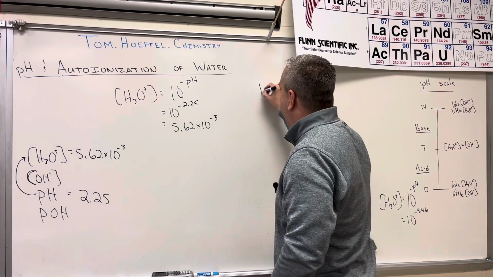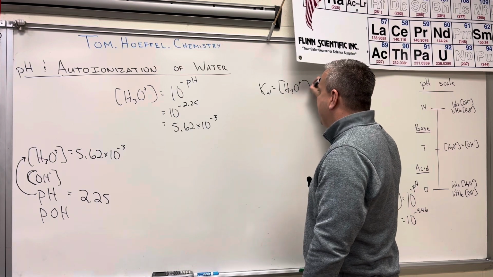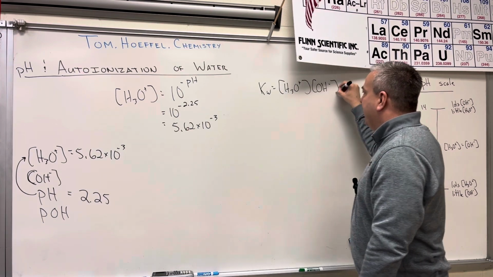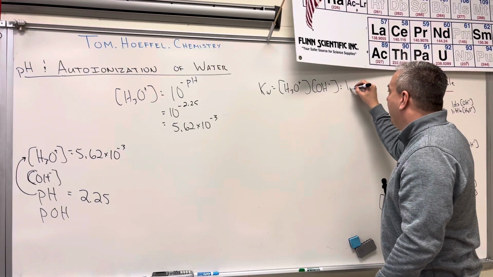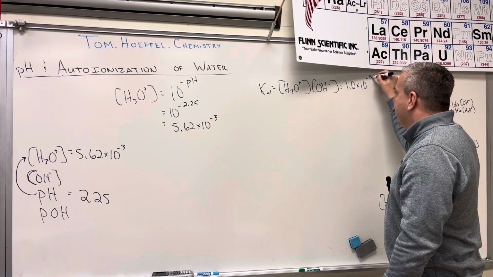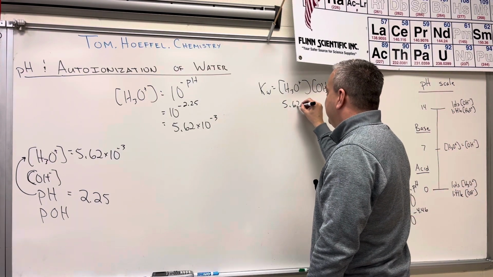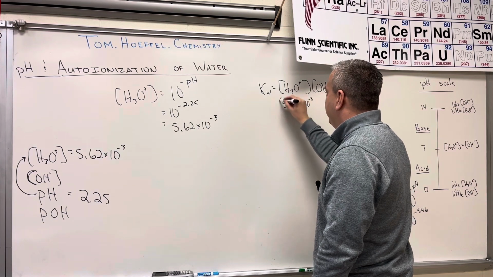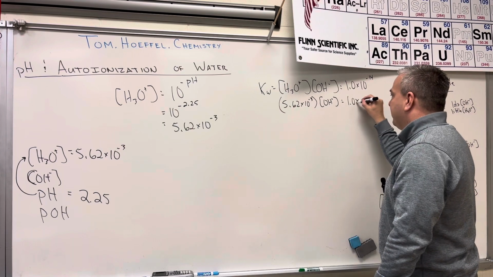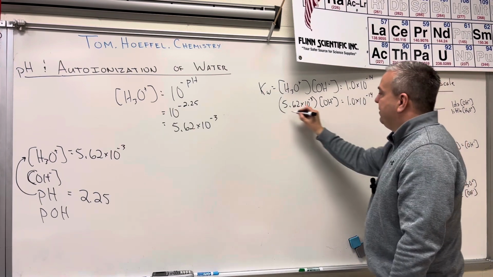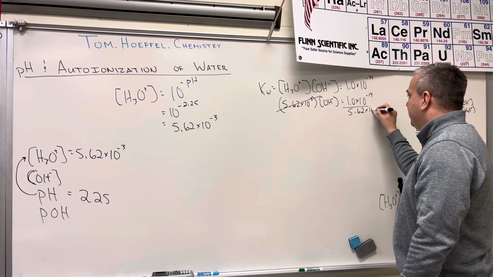Remember, Kw is equal to the concentration of the hydronium ions times the hydroxide ions, and that's always equal to that number that's going to be ingrained in our head of 1.0 times 10 to the negative 14. I'm going to plug in the hydronium ions as 5.62 times 10 to the negative 3, and use that value to figure out my hydroxide ions. The way I do that is by dividing on both sides by 5.62 times 10 to the negative 3.